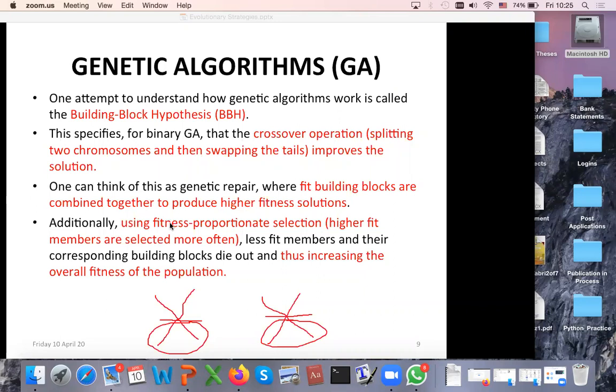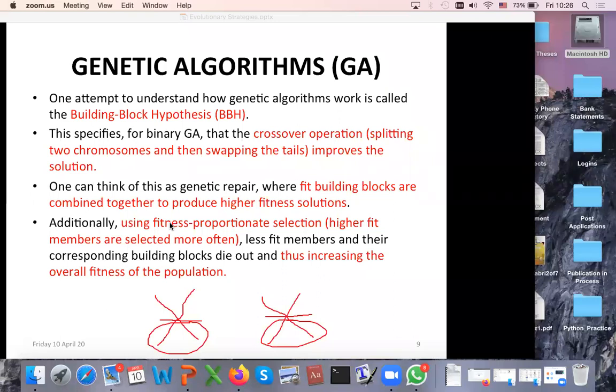So for selection, we have to build some kind of fitness measure or fitness equation. And that may vary according to the problems that we have. People have different problems. So for different kinds of problems, this fitness measure or function can be varied.